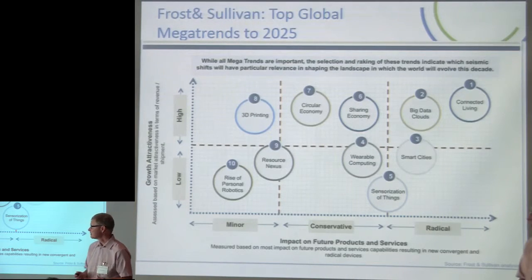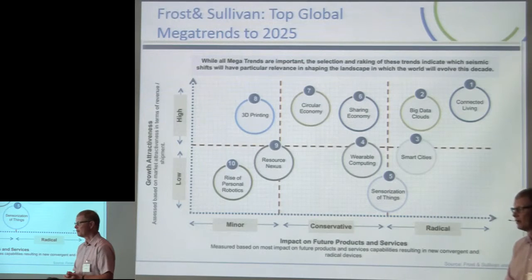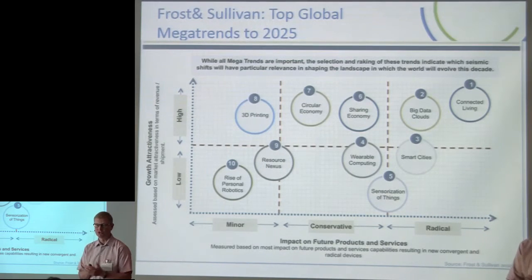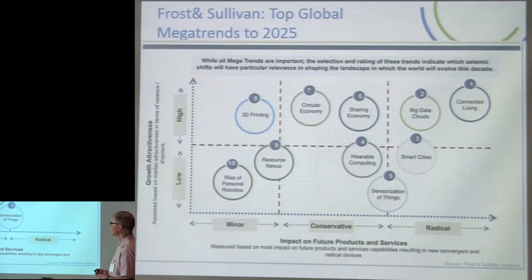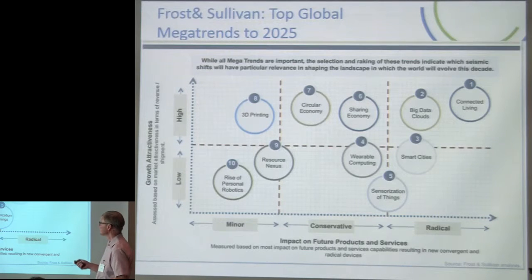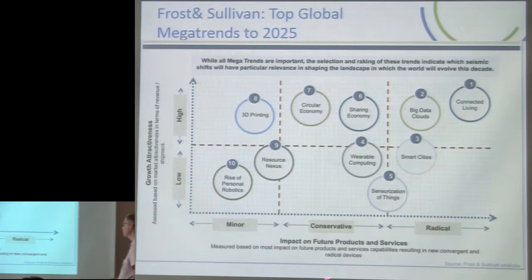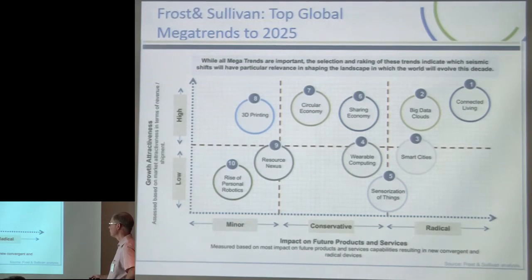And why is this? Here's a couple of examples. I'm sure you have seen similar pictures, but for example, Frost & Sullivan says that the top global megatrends by 2025 are like this, where the y-axis is the growth attractiveness, and on the x-axis, the impact on future products and services, ranging from minor concern to radical.